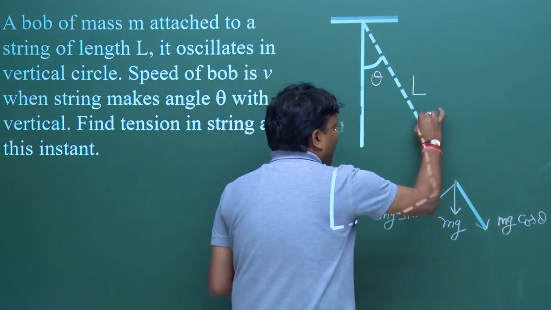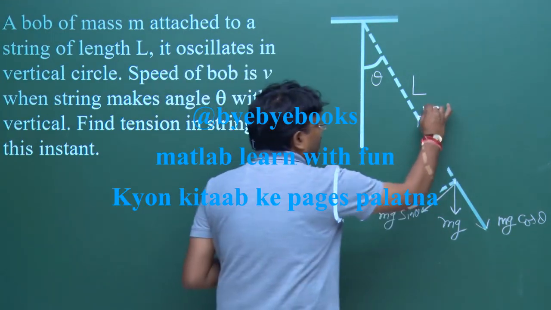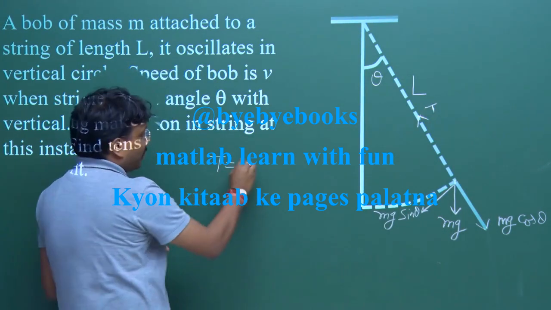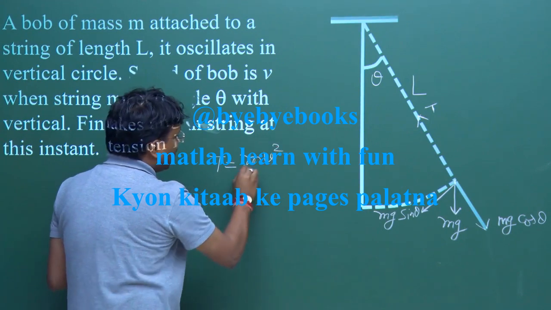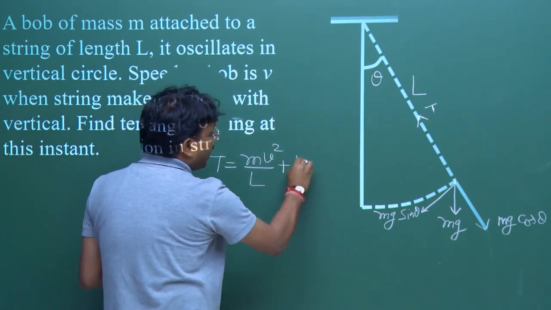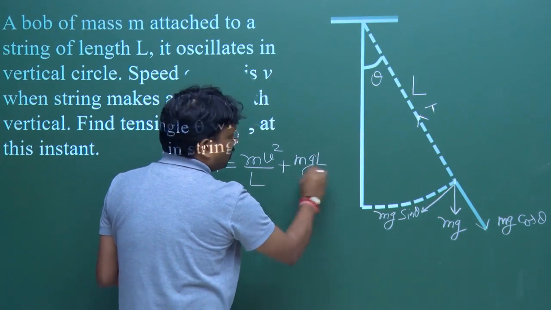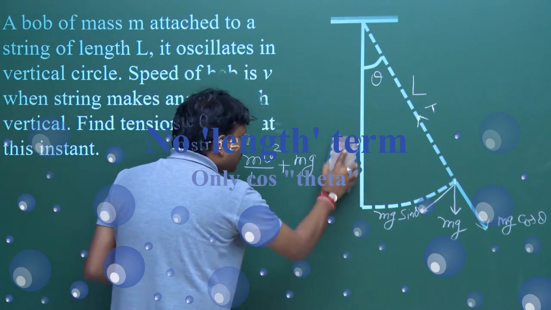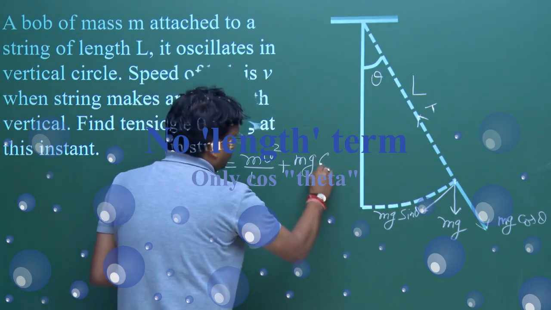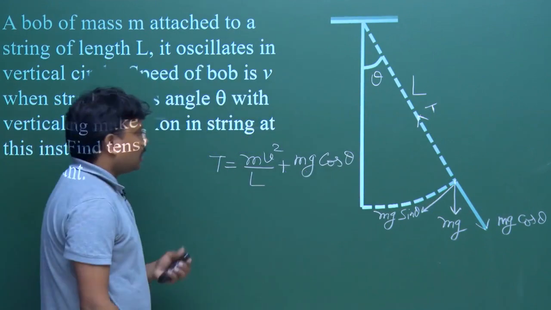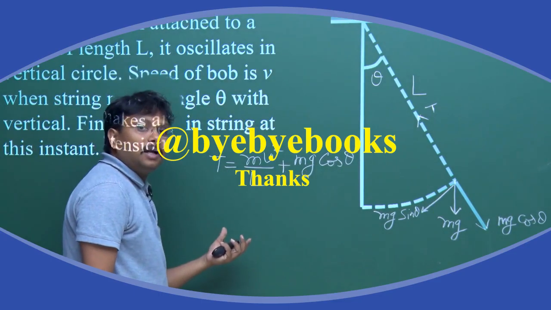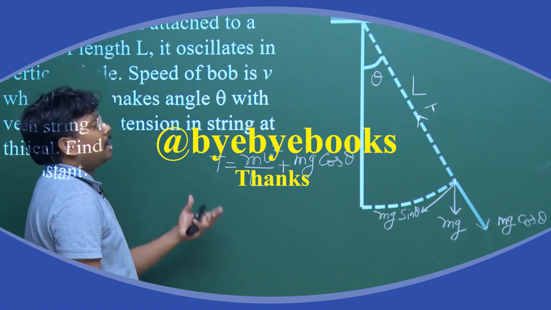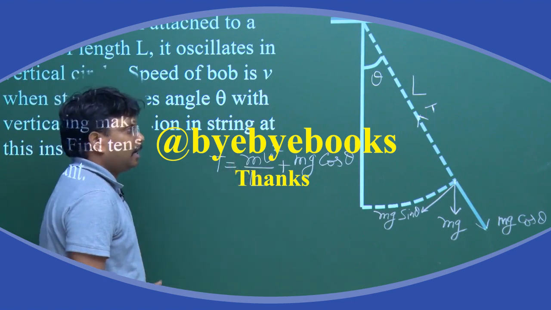About the tension acting along this string, I can say that T is equal to mv square upon L plus mg cos theta. So now with this you can easily find the relation. See the beauty of that concept, how easily you can find the relations and various answers associated with any type of question.